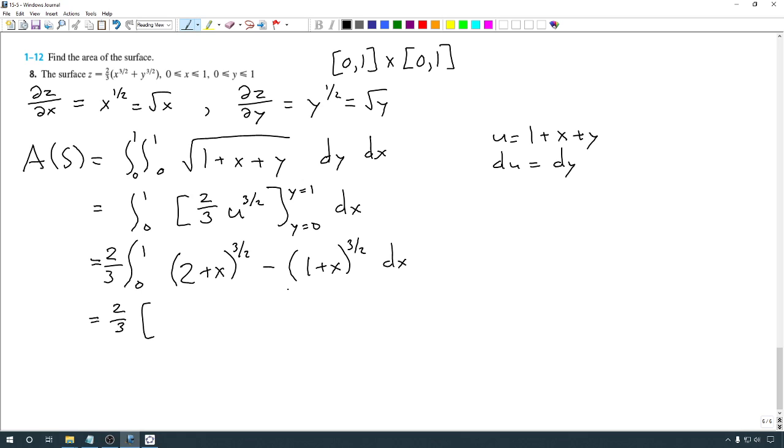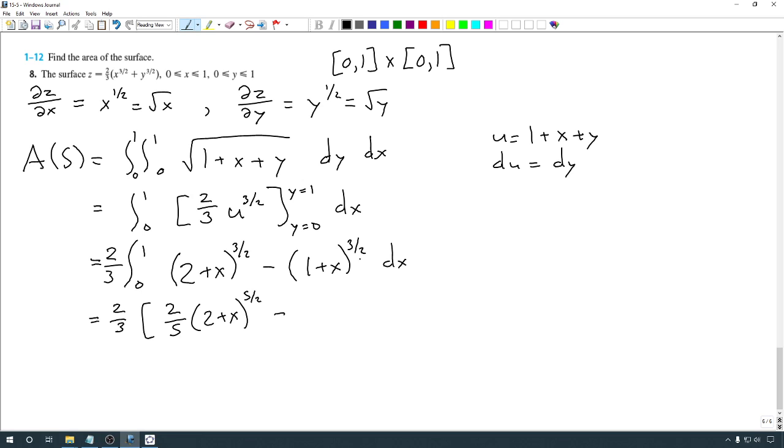Then we do exactly the same kind of thing. What happens inside there really doesn't matter too much. It doesn't actually change. We're going to have 2 plus x to 1 more than 3 halves is 5 halves. Then when we multiply by the reciprocal, we get a 2/5.